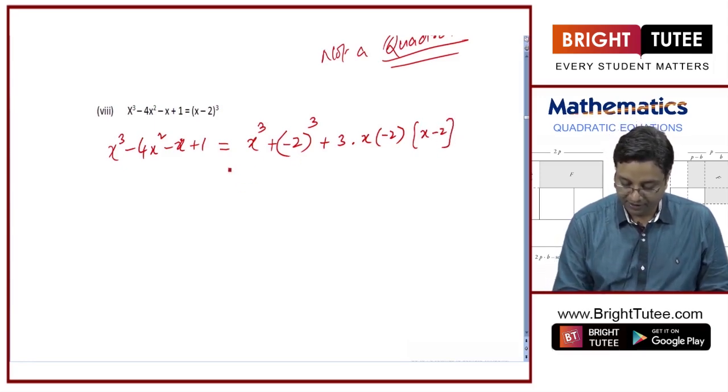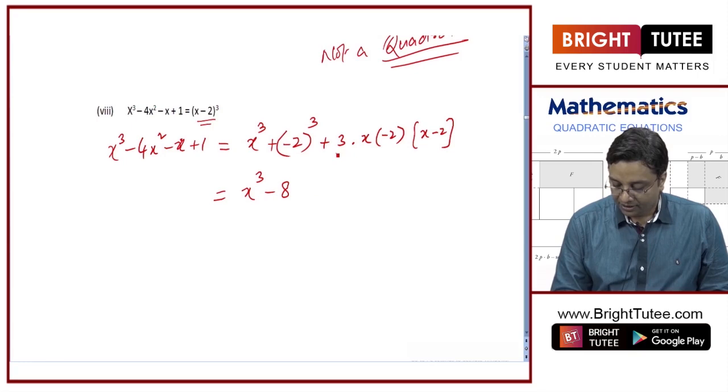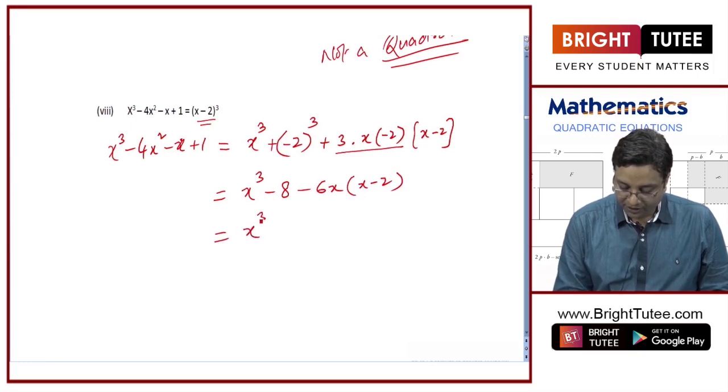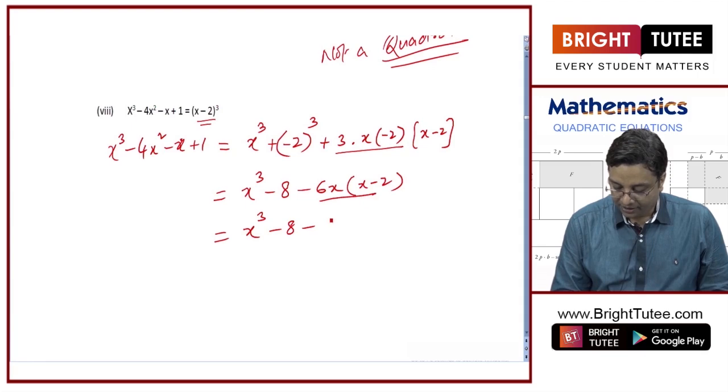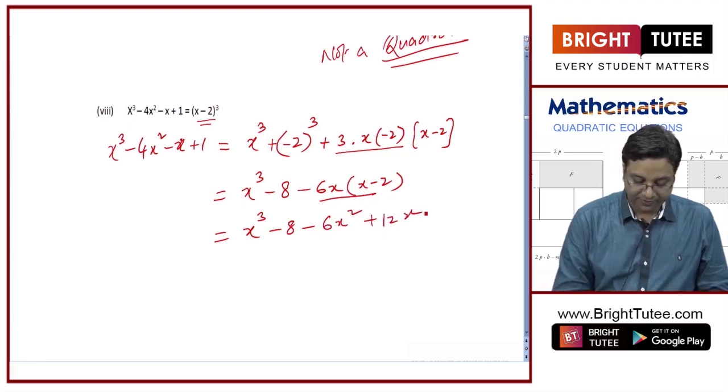This is the solution of right hand side. So when I solve it, x cube minus 8, minus 6x, x minus 2. So when I solve it further, it will give me minus 8 minus 6x square plus 12x, right?